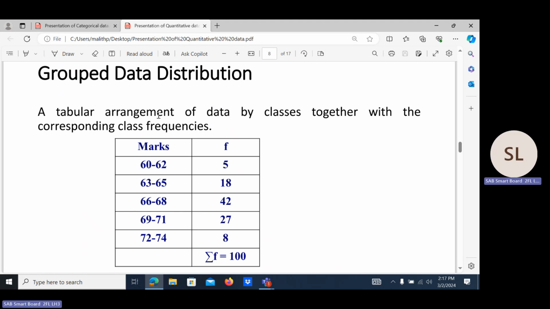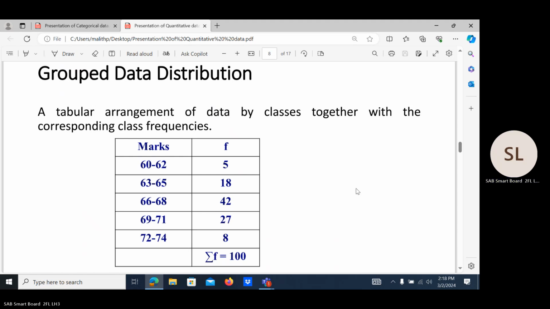This is also a tabular format. It is an arrangement of data by classes together with the corresponding class frequency. First, we identify the values of the variable and group them. Then we identify the corresponding frequency of each group.